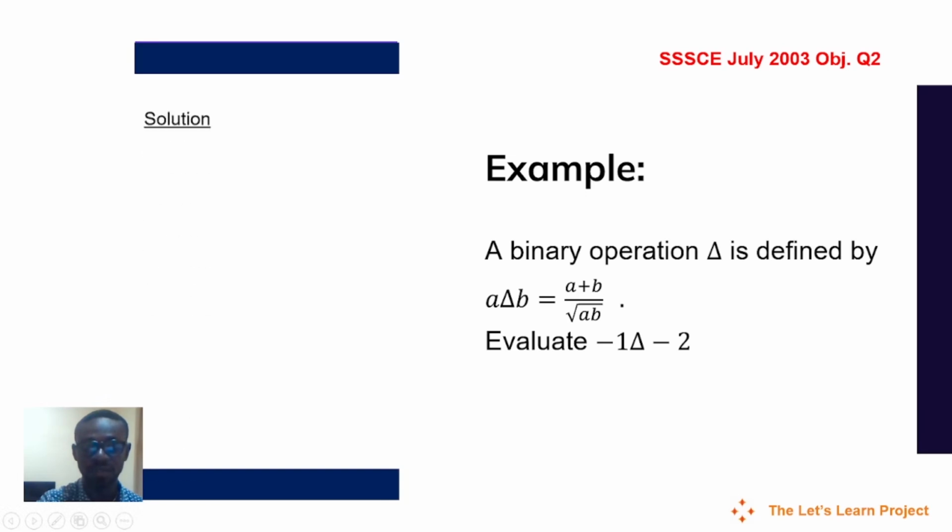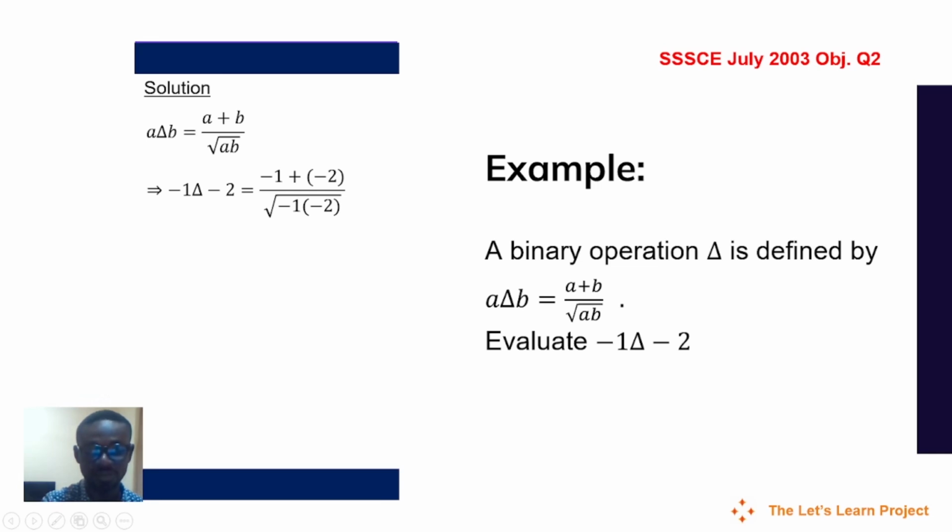Similarly, we first state our rule, that is a delta b equals a plus b all divided by the root of the product of a and b. Then we just do substitution. The assigned value to a is -1, then the assigned value to b is -2. So we just substitute. Where we see a, we put -1 there. Where we see b, we put -2 there.